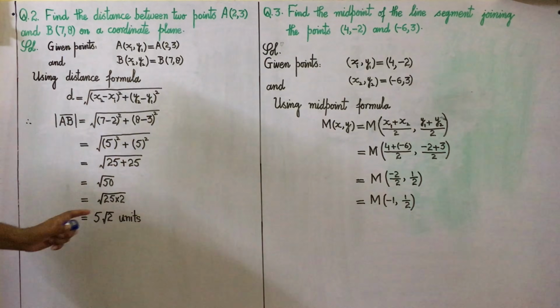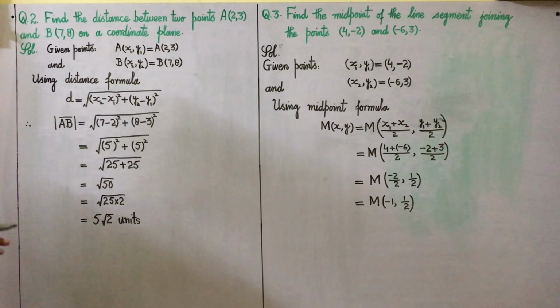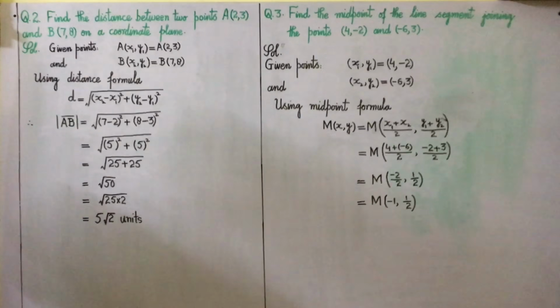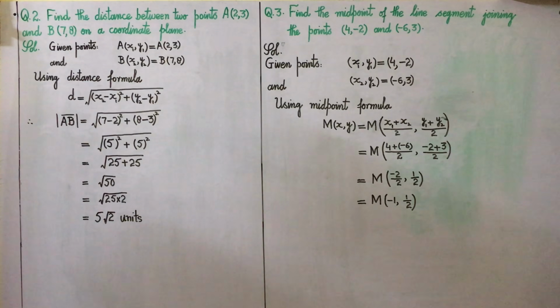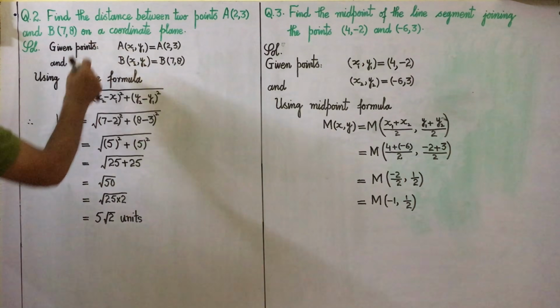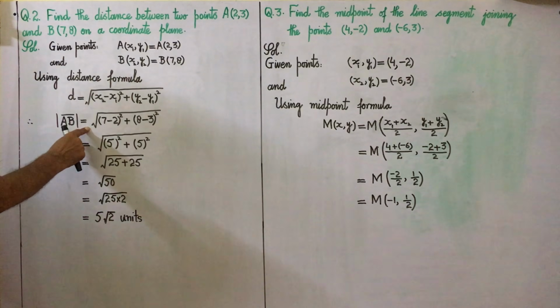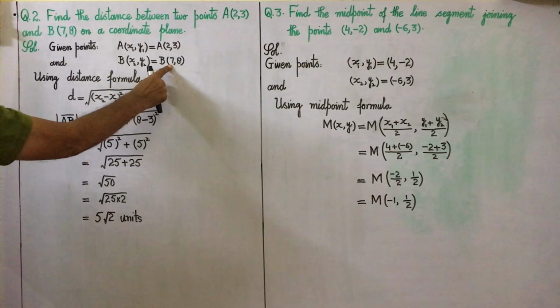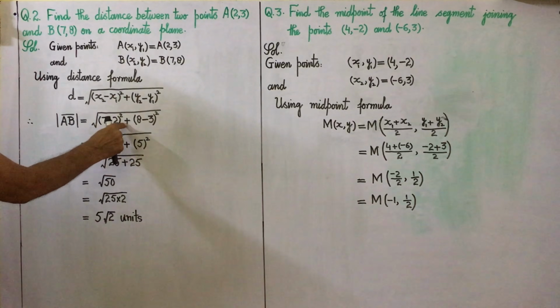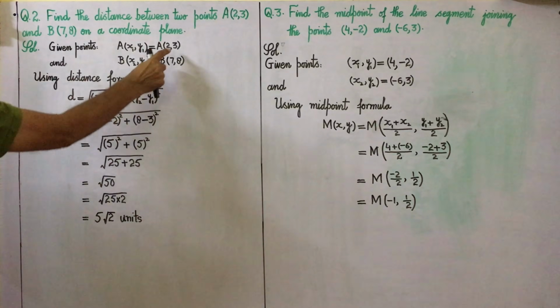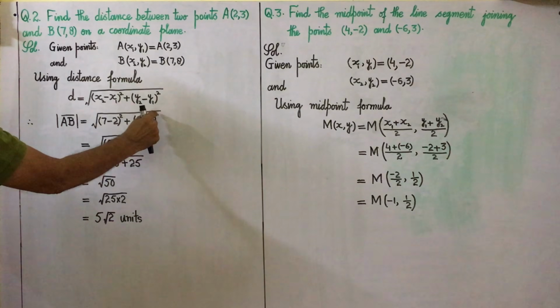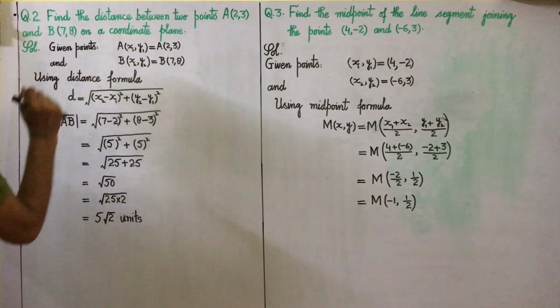Using distance formula, D is equal to the square root of (x2 minus x1) whole square plus (y2 minus y1) whole square. Distance between A and B is the square root of (7 minus 2) whole square plus (8 minus 3) square.